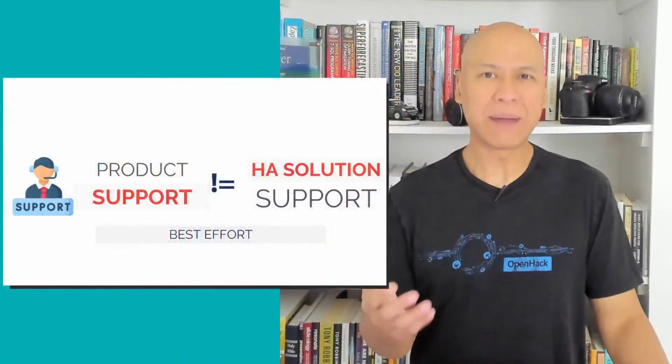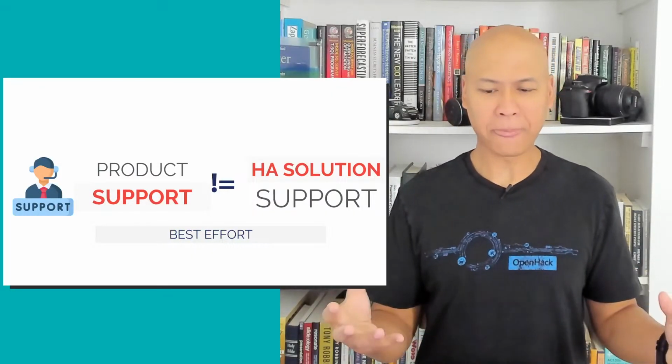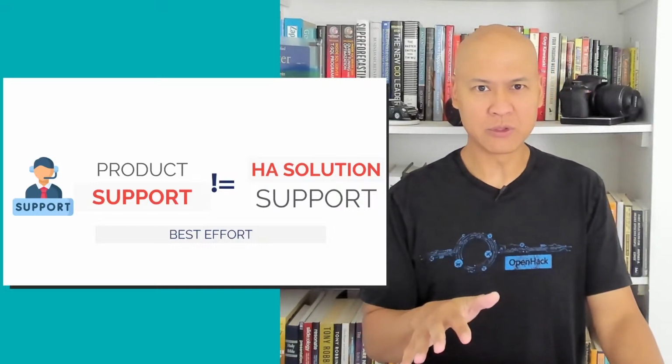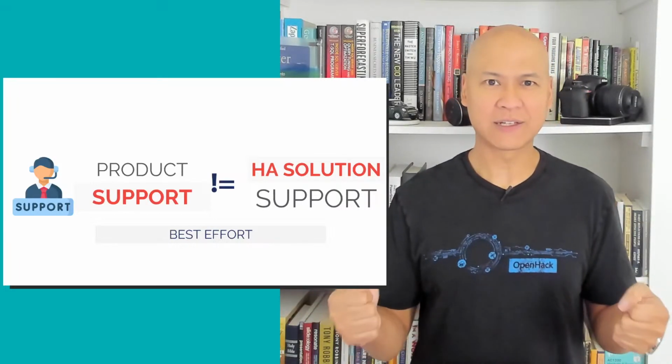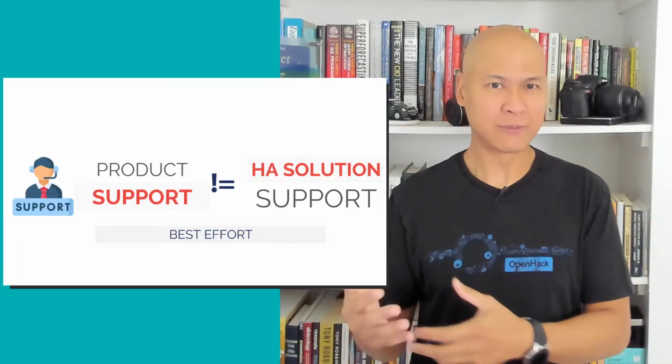That's why I said even within a company, because it's so big, product support for your high availability solution is decoupled, because SQL Server runs on another product to provide high availability.